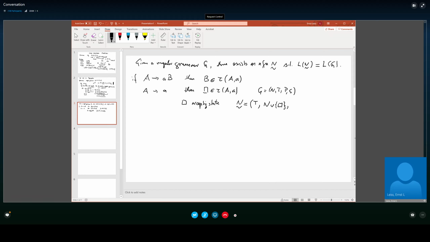We have tau, which is defined that way. We have S, which is our starting symbol, and the only final state is the state that's square.